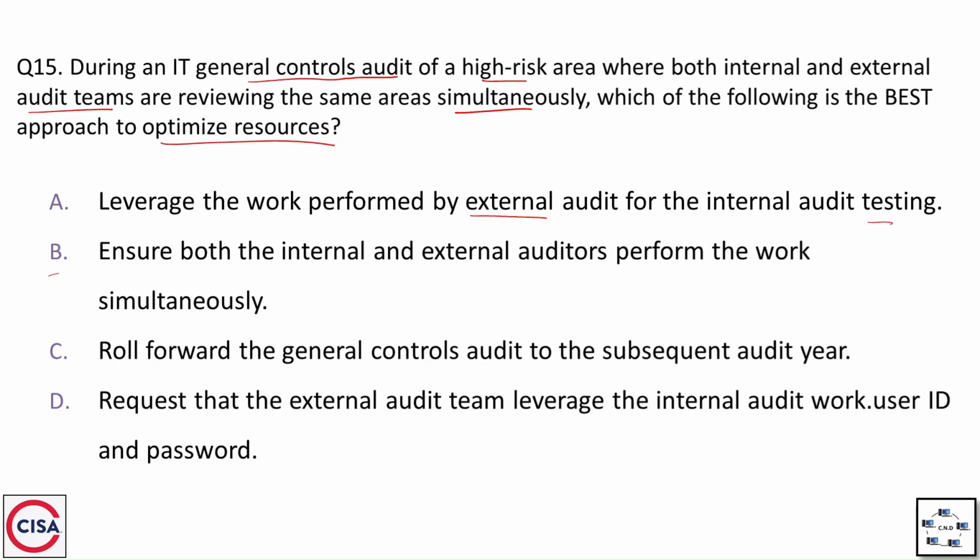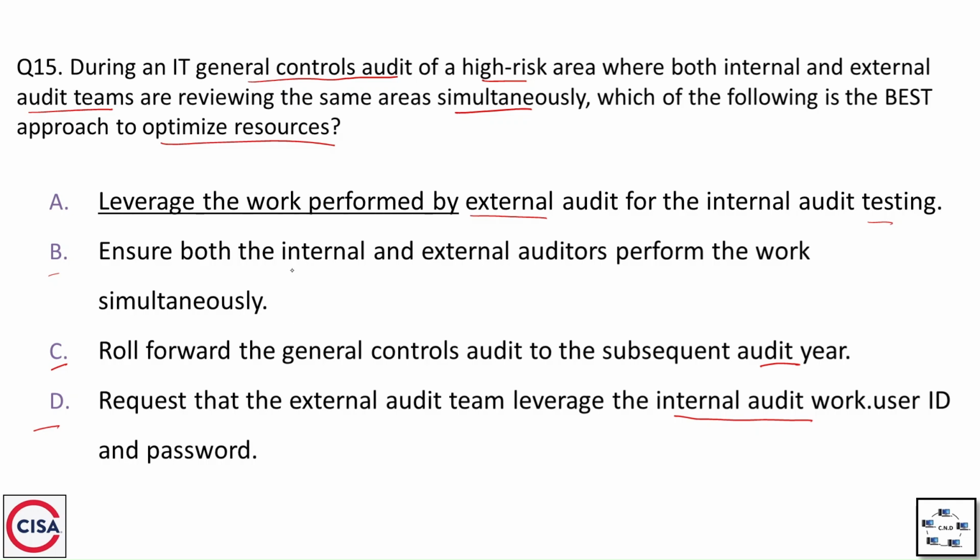Option B, ensure both the internal and external auditor perform the work simultaneously. Option C, roll forward the general controls audit to the subsequent audit year. And option D, request that the external audit team leverage the internal audit work, user ID and password.